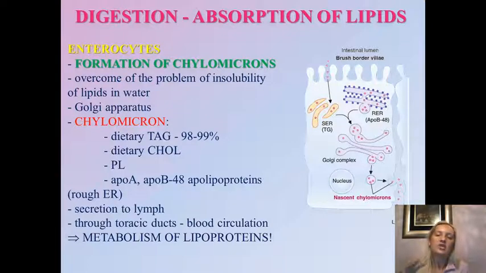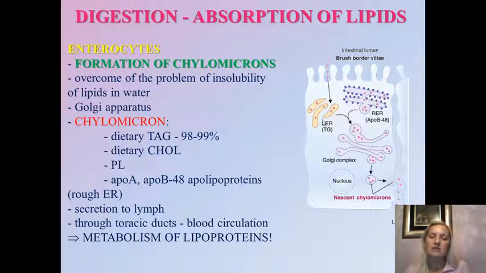So in order to make them more soluble, those lipid molecules are packed and combined with certain protein molecules marked as apolipoproteins, thus increasing the solubility of those particles, and the formation and packing of those particles occurs at the Golgi apparatus.